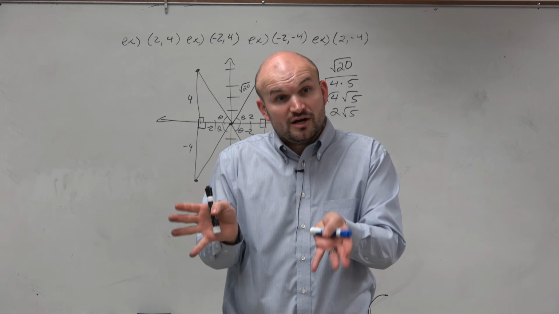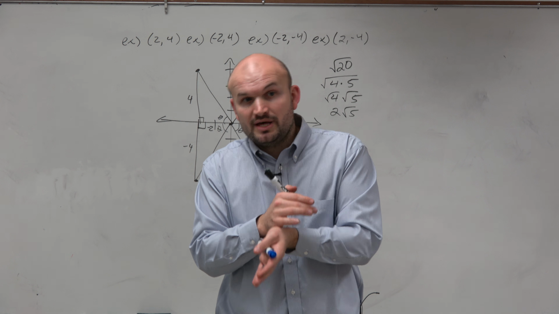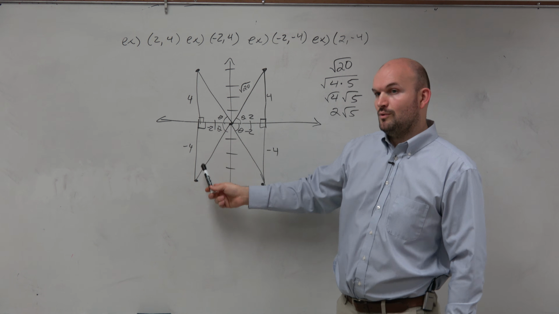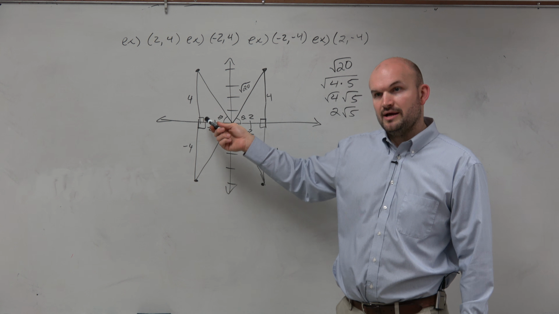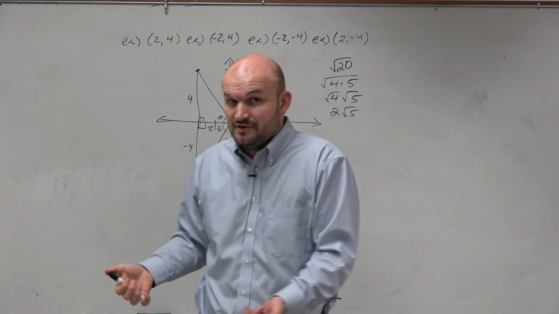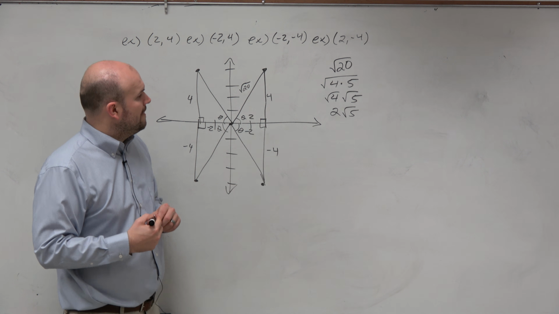So it really matters where your coordinate point is. Don't just assume, oh, it's 2 and 4, I'm just going to create my point. Each one of these is in a different quadrant, which is going to change different trigonometric functions. And on a multiple choice test, if the only difference between 2 answers is a negative, that could be it. One's right, one's wrong.